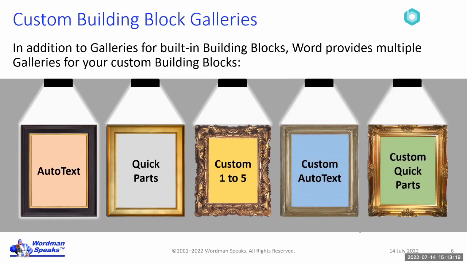The advantage of the custom ones is they're actually hidden from the user interface. So you won't see those if you go to insert quick parts. You won't see anything that's in the custom categories. You'll only see the ones that are in auto text or quick parts. You're thinking to yourself, well, how is that useful? Well, when we get to using content controls, I'll show you how those are going to be useful.